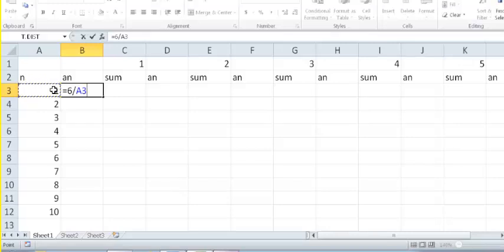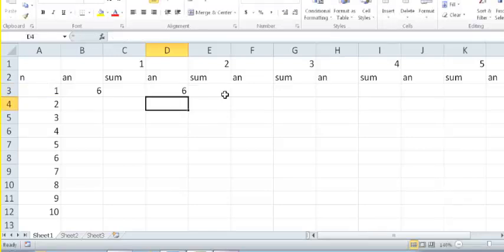I've got to square it. The second equation is going to be equal to -1 raised to the n-1 power times 6 divided by n squared.